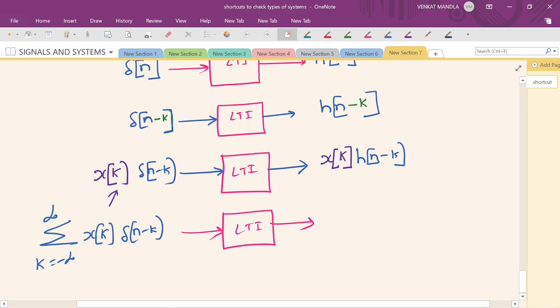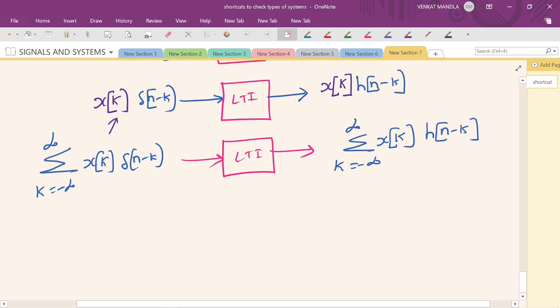Summation is a linear operator, so the linear operator is preserved at the output because it is a linear system. So at the output, sigma k equal to minus infinity to plus infinity x of k h of n minus k. Right?